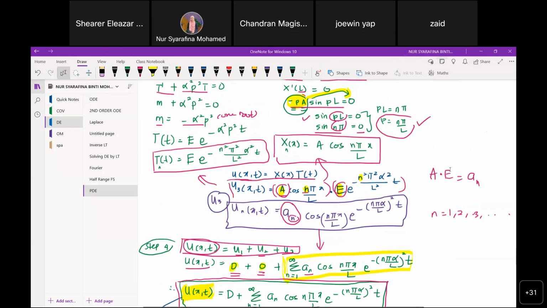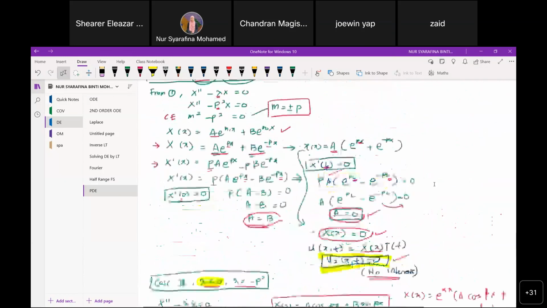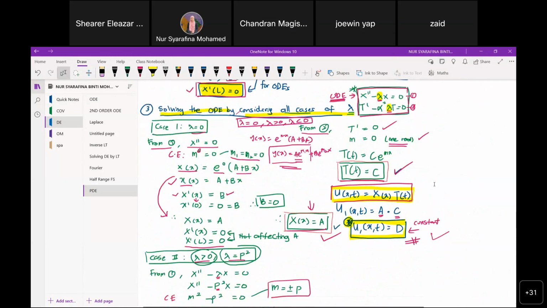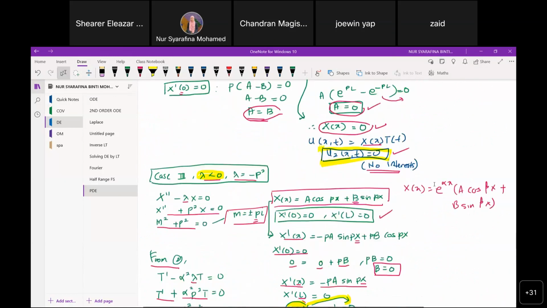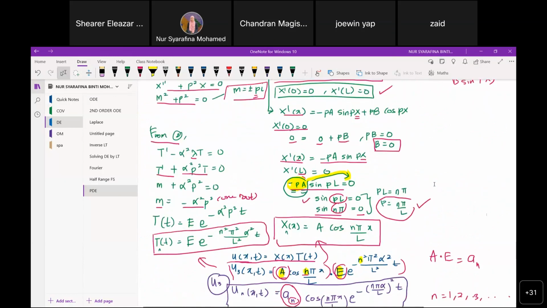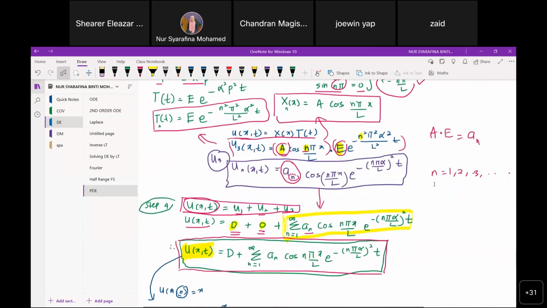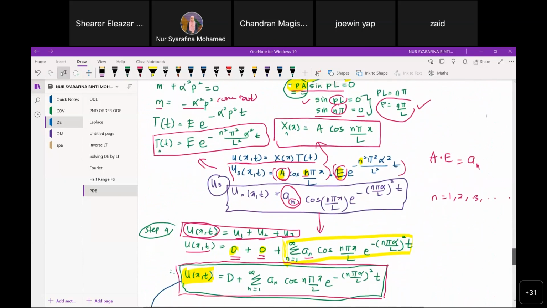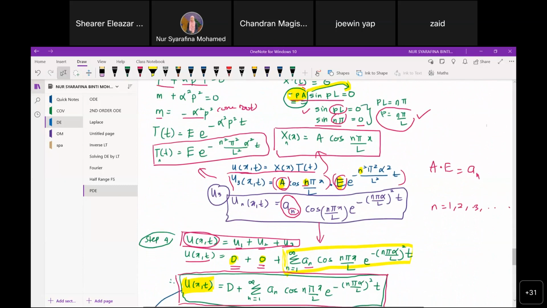From 1 to 10, where are you guys? What we have been doing just now is considering all cases of lambda, but still the same steps. Okay? All right, guys.